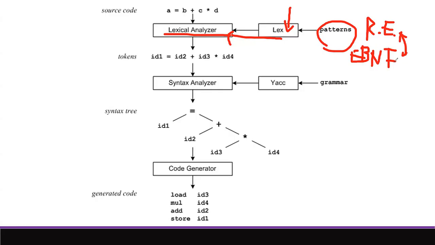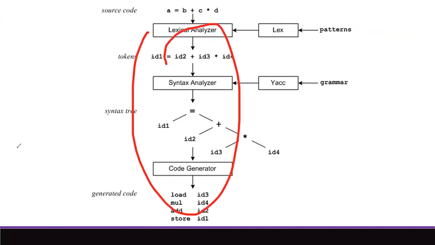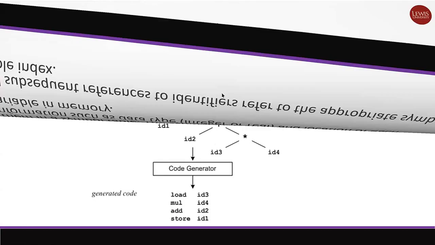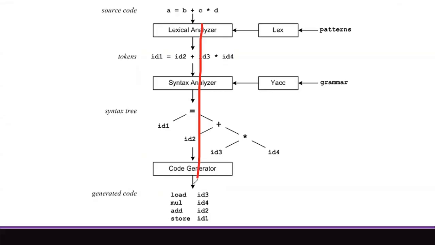You can write a regular expression or you can write extended Backus-Naur form. Either one of them, you can use to generate a lexical analyzer. And then you can write a context-free grammar and use Yacc to generate the syntax analyzer, and you will generate the syntax tree and do code generation. So this one is the structure of your compiler, and you will translate an expression down to the machine code.